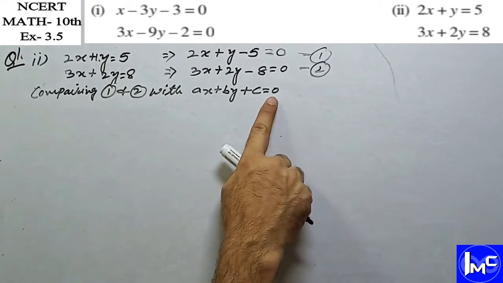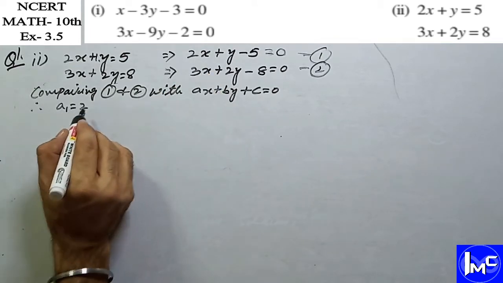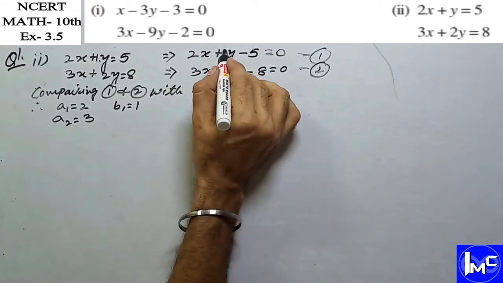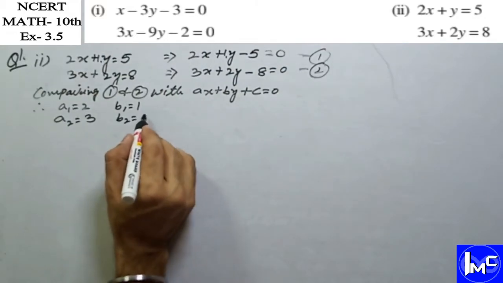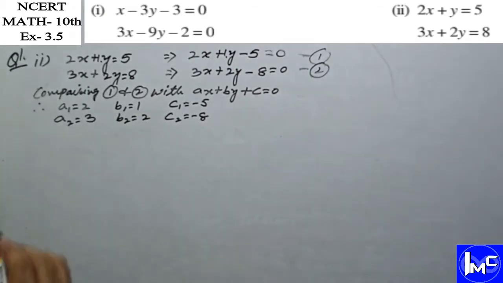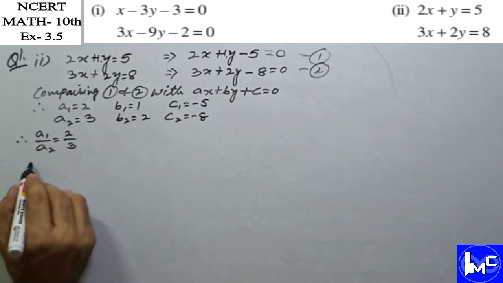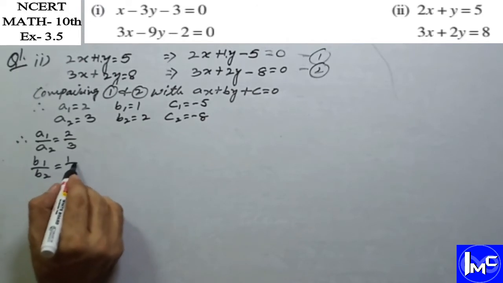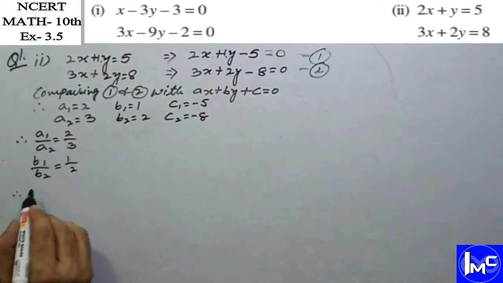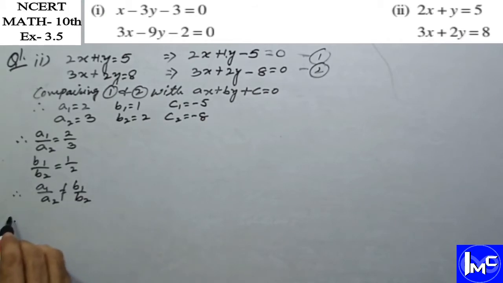I am again taking 0 here, and so I get a1 is equal to 2, a2 is equal to 3, b1 is equal to 1 because the coefficient of y is 1, and b2 is equal to 2, c1 is equal to -5, and c2 is equal to -8. And for ratios, a1 over a2 is 2 by 3, b1 over b2 is 1 by 2, and so 2 by 3 is not equal to 1 by 2, and therefore a1 over a2 is not equal to b1 over b2.